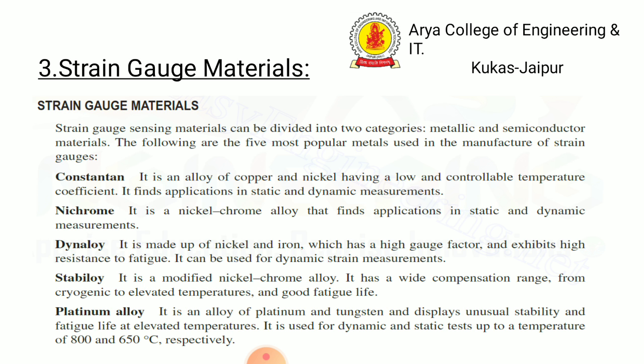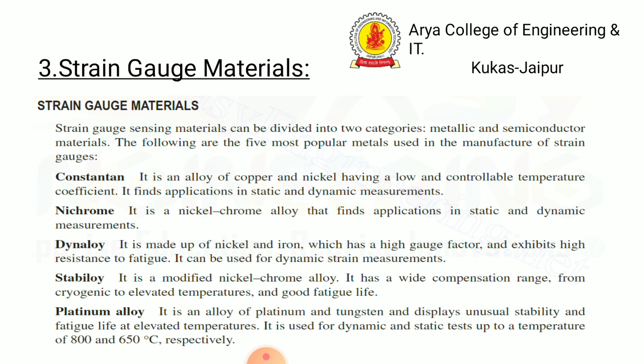Strain gauge materials. Strain gauge sensing materials can be divided into two categories: metallic and semiconductor materials. The following five most popular metals are used in manufacturing of strain gauges. First, constantan. It is an alloy of copper and nickel having a low controllable temperature coefficient.